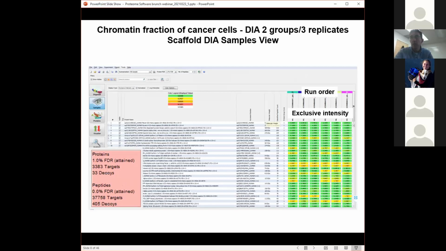And here is the samples view in Scaffold DIA. What we always look at first is the run order. Our samples are blocked and randomized to minimize any kind of systematic error. It's always very comforting to look at the run order and not see a pattern, for example, a constant decrease or increase in quantity, or something that would indicate an instrument or processing problem.